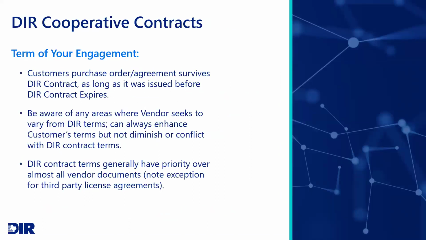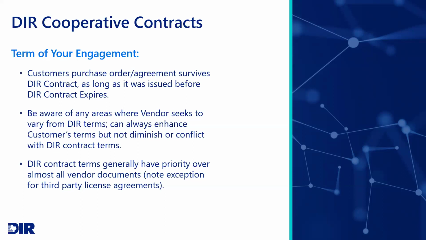A couple of things to remember about the DIR cooperative contracts is that there is survivability built into our DIR contracts. So as long as you issue a purchase order to that DIR vendor at any point before that vendor contract expires with DIR, you're okay because survivability will allow it to play out in full even if the DIR vendor contract expires with us.